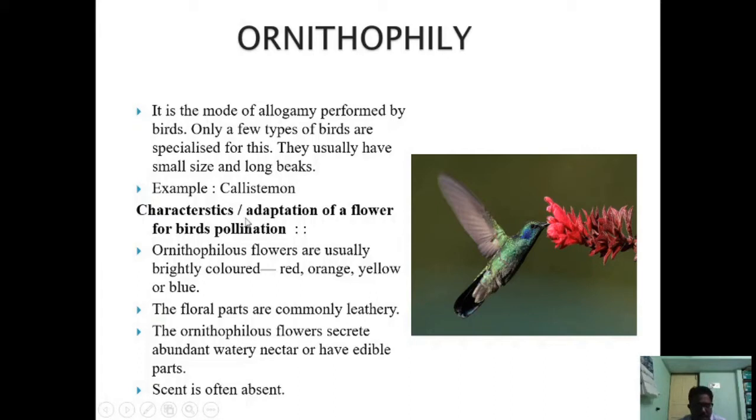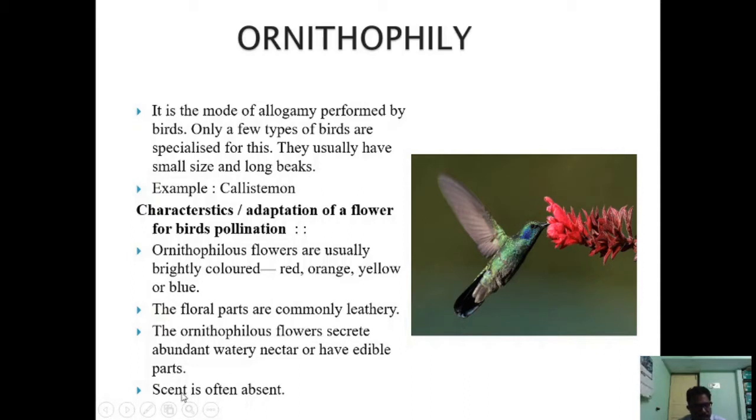Now, the characteristics or adaptation of a flower for bird pollination is these ornithophilous flowers are usually brightly colored, either red, orange, yellow, or blue, so as to attract the birds. And these floral parts are commonly leathery. And these ornithophilous flowers secrete abundant watery nectar or have edible parts so that they serve as food for the birds.